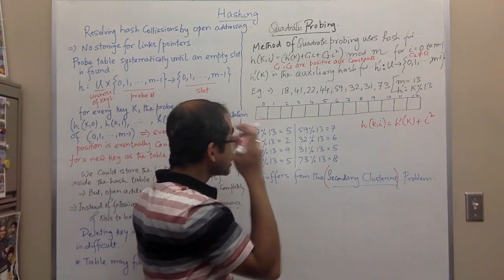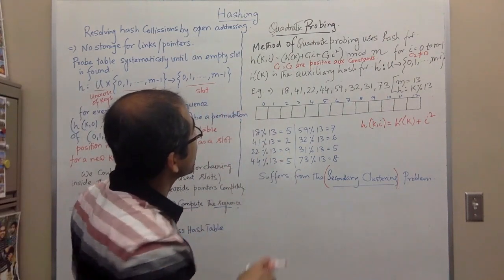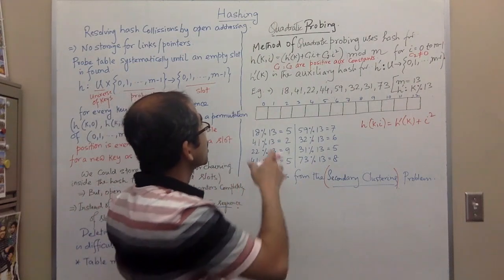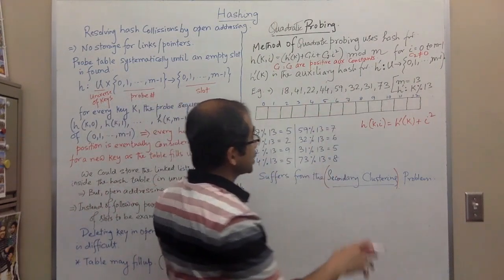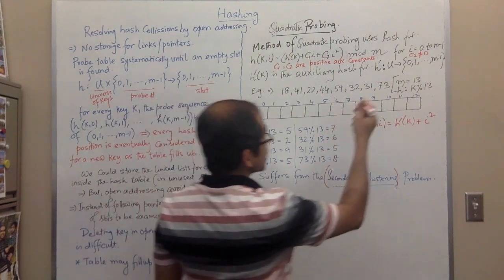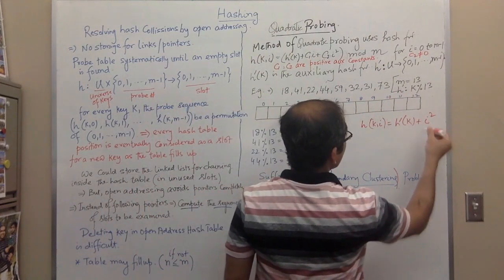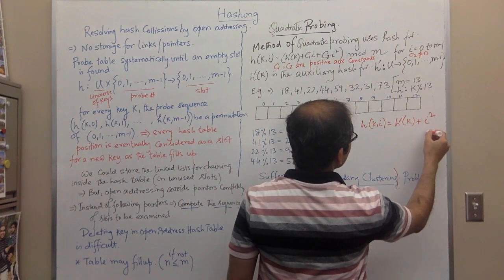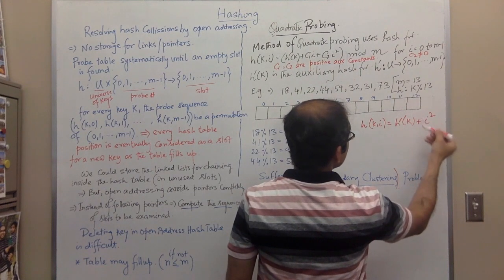Now if we use the same example as before, with these input keys, m equal to 13, and h'(k) equal to k mod 13. As I said, i can vary from 0 to m minus 1. For i equal to 0, just forget it.